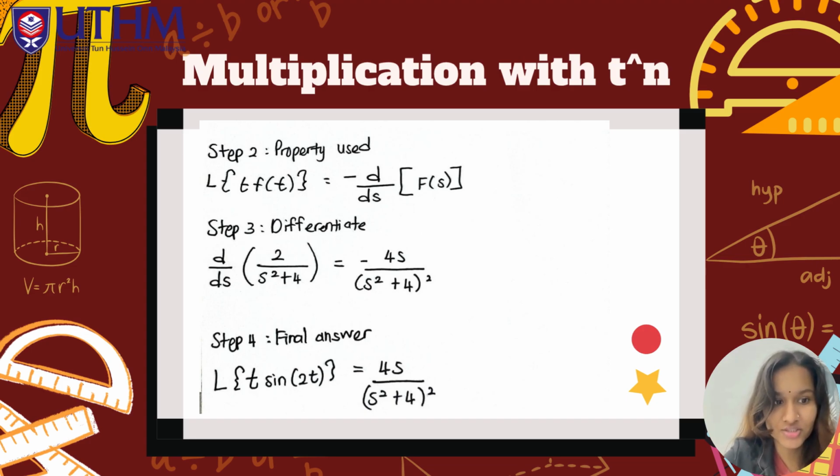After differentiation and simplification, we obtain the final answer, which is 4s divided by in bracket s squared plus 4 squared. So this example demonstrates how Laplace transform properties can simplify calculations and make solving differential equations more systematic.